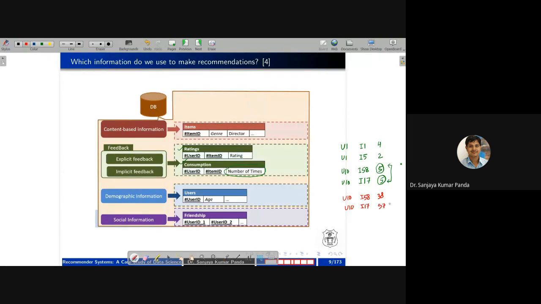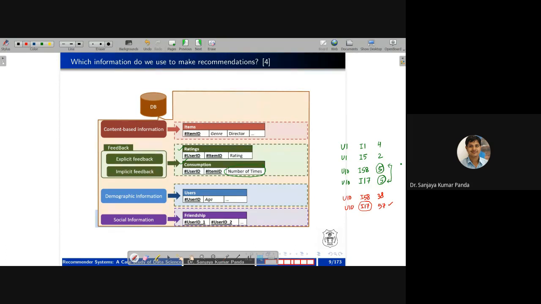So you can say that obviously the user prefers this particular music over this one, although both the music are rated 5 out of 5, but if you see the number of times, we have seen that I58 is less in comparison to I17.